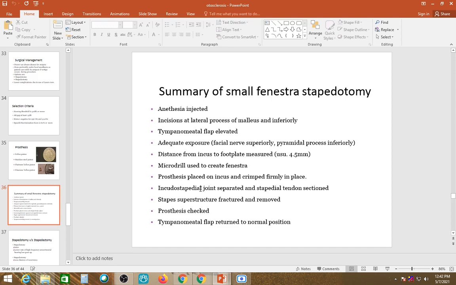See, the prosthesis is placed on the incus and crimped firmly in place. Incudostapedial joint separated and stapedial tendon sectioned. So the parts are distinguished, and the affected part is taken out and this material is put in. Okay? Yes or no? Understood?